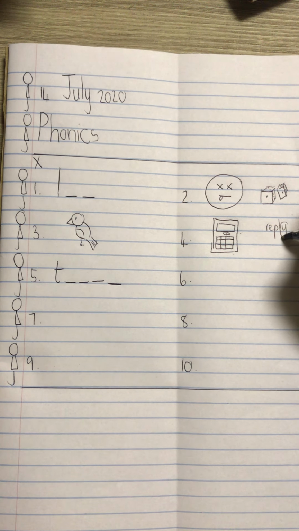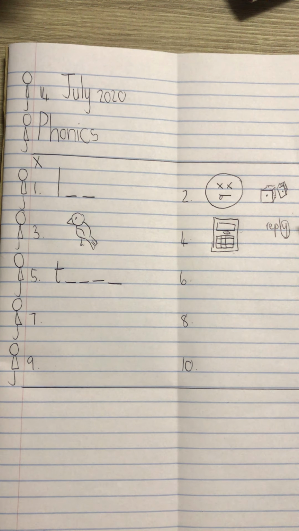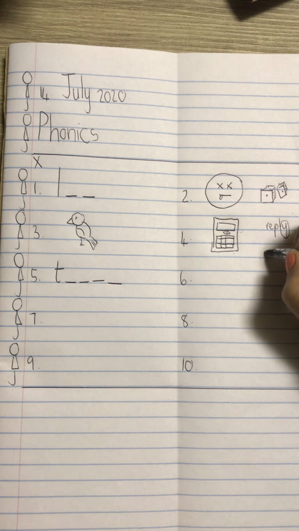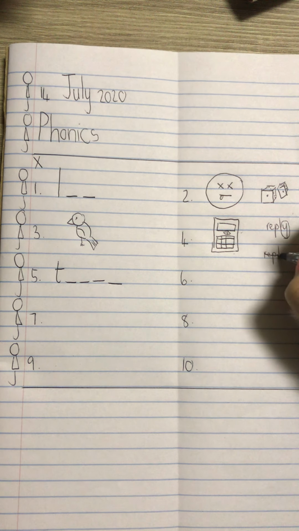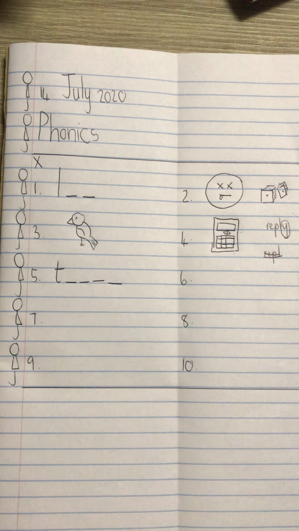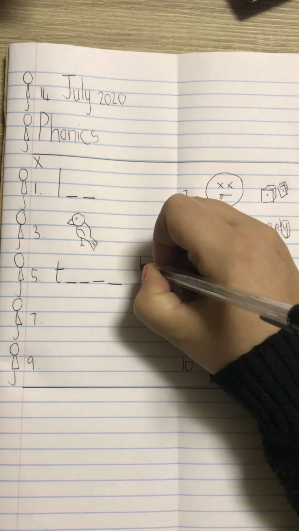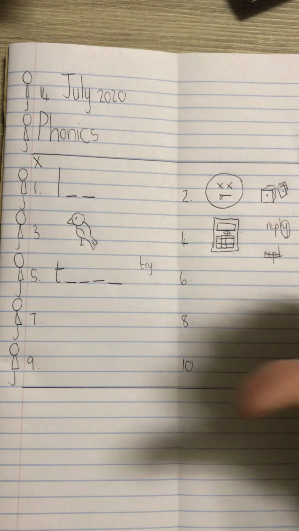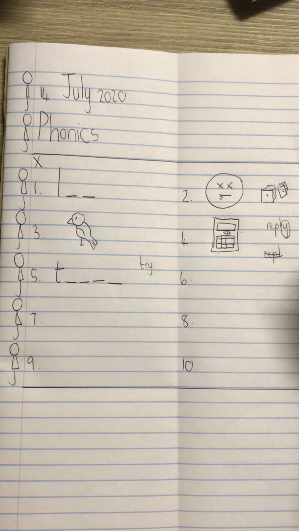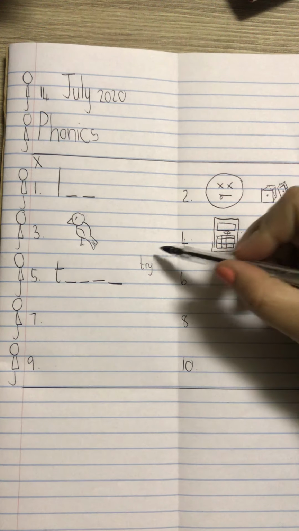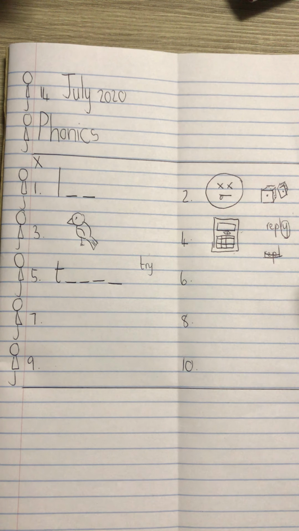Do you see the y? Do you remember the words that end in y for plurals? If it ends in a y and it becomes a plural, it becomes... Oh, I can't spell that word for you because otherwise I'm giving it away. It becomes an ies. The same with this. Try, but if I try in the past, I tried. Don't write these words down.